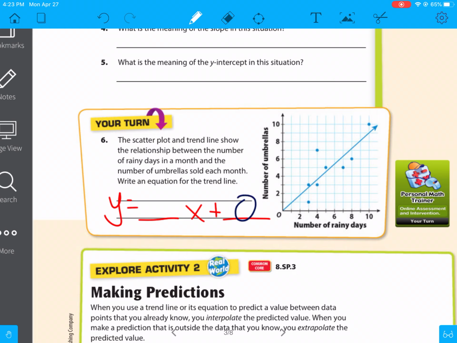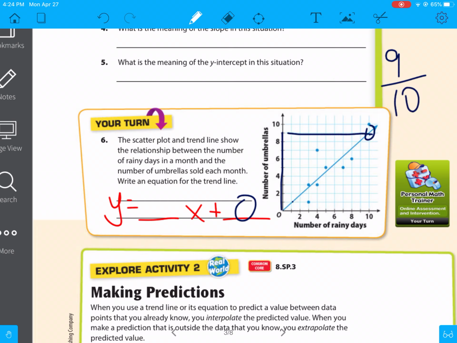Now we just have to find a couple of points on this line, or even just one point, and do rise over run. So if you look, there's a point at 1, 1. Or if you want, you can go all the way up to up here. So that would be up 9, and then to the right, 10.